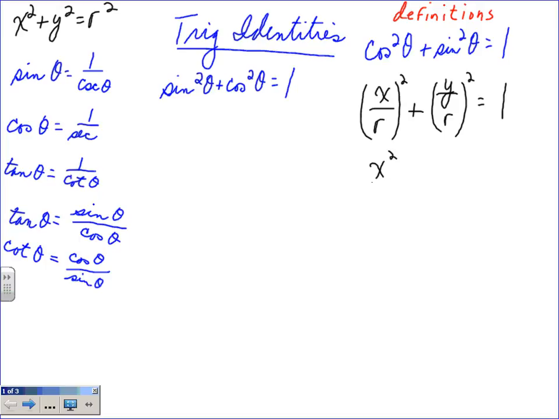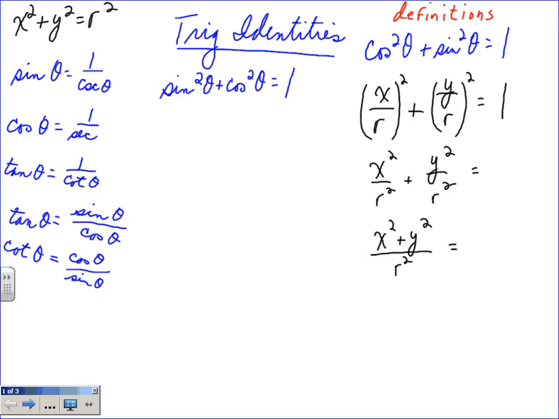Well, I've got x squared over r squared, that's your algebra skills, plus y squared over r squared. Okay? And now I have two fractions with a common denominator already. X squared plus y squared over r squared. Show that that's equal to 1.